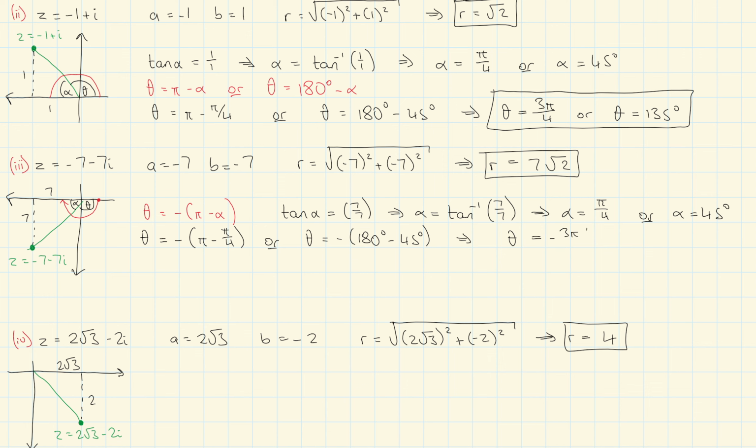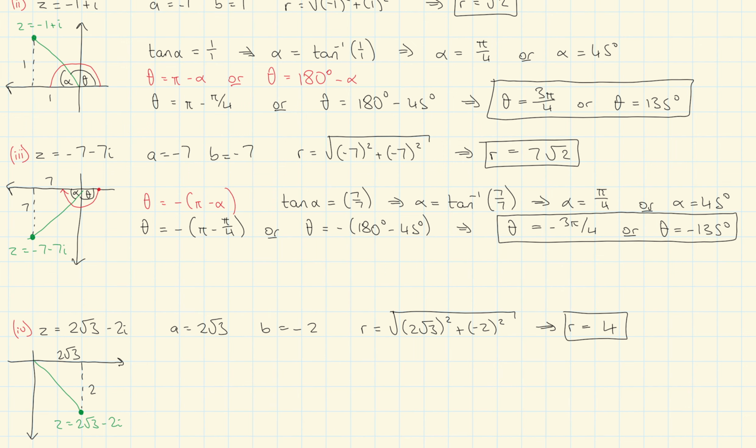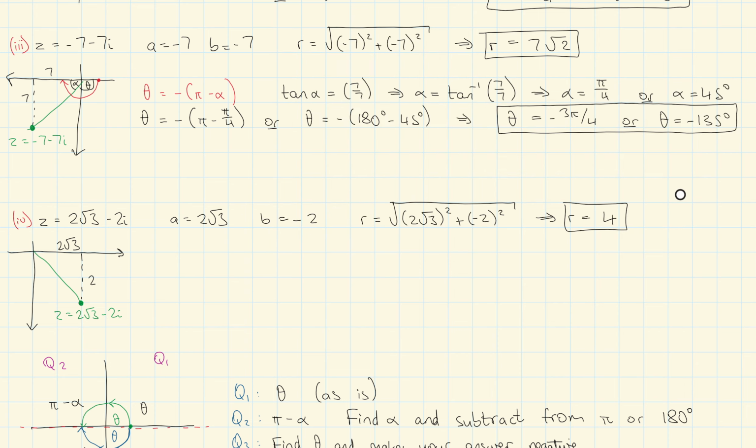So the answer there is minus 3 pi/4. 180 minus 45 is 135. So it'll be minus 135 degrees. So there's your answer for part 3.